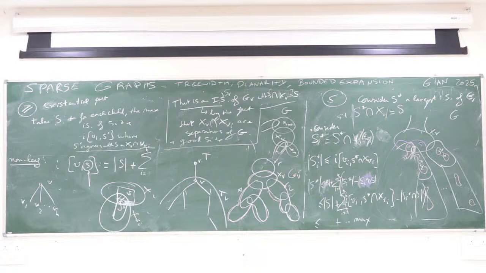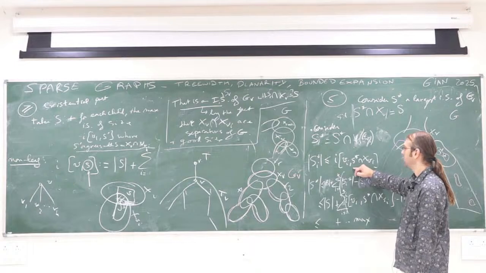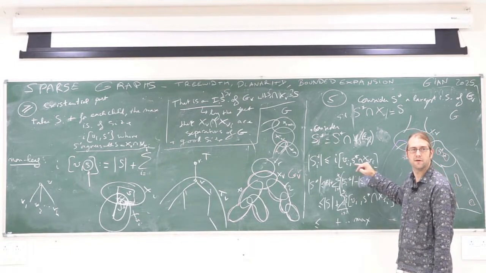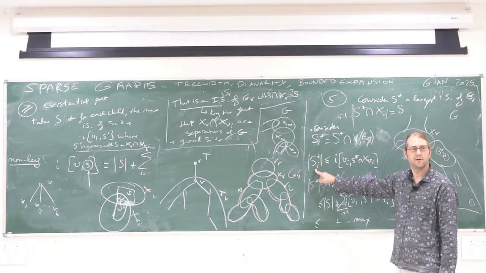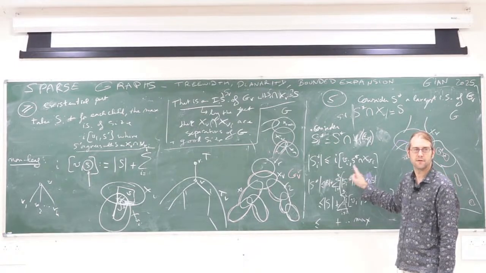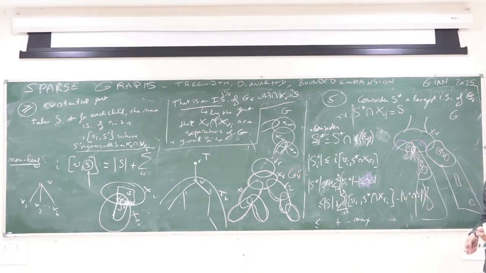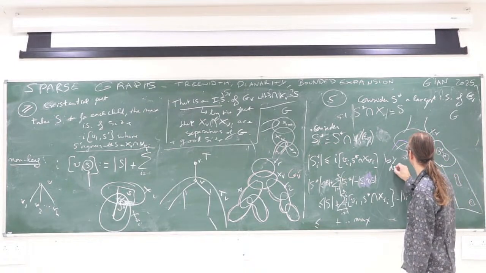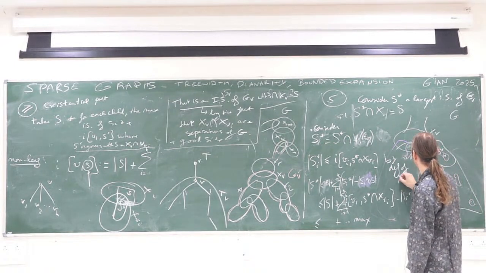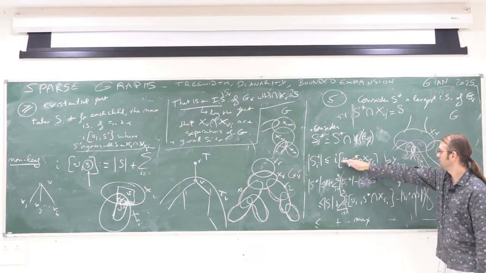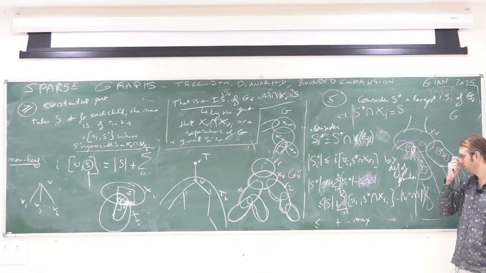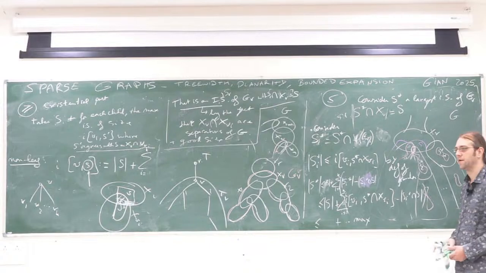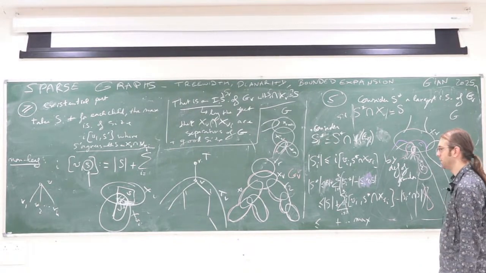So why is S star bounded by this upper bound? Because this is the largest size of an independent set. This looks like that. This is an independent set. It cannot be larger than the largest. It's at most the size of the largest. This is by definition of the formula. Because this is an independent set, which corresponds to this intersection. What is the relation between S star and SV?